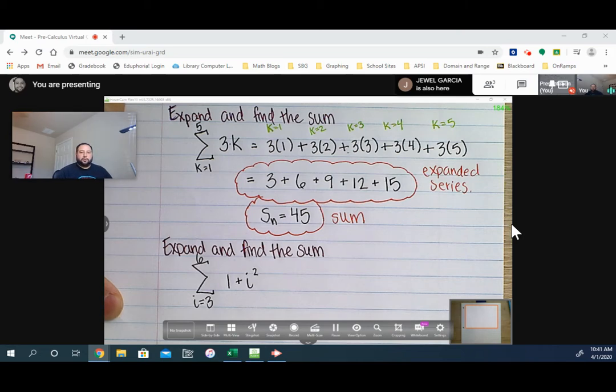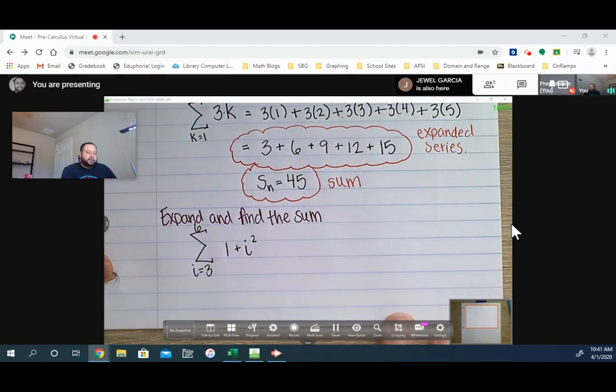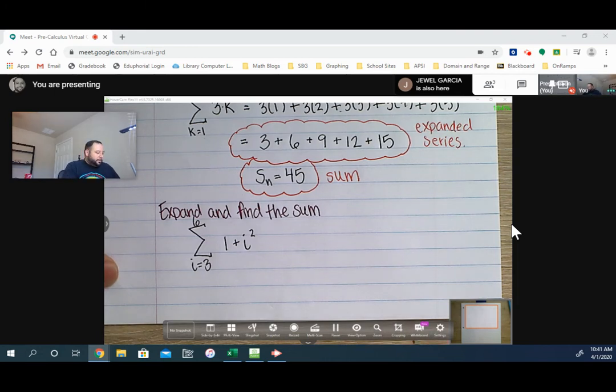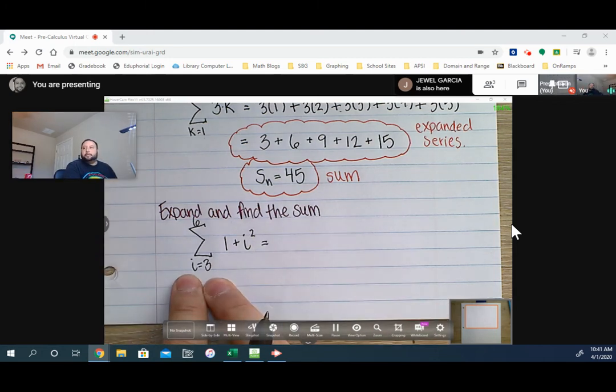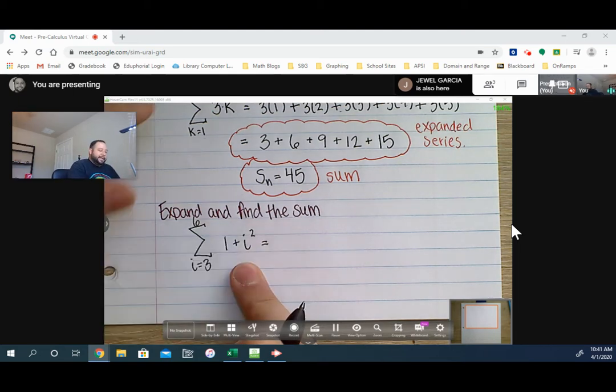So 1 plus i squared is my formula, and I'm going to expand and then find the sum. I'm going to start at 3 and end at 6. So I'm going to plug in 3, then 4, then 5, then 6, and then add up all of those terms together.